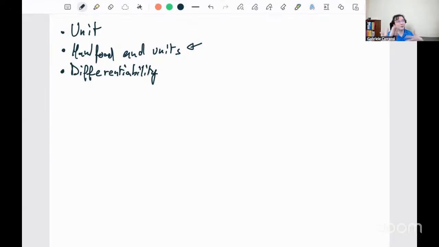But then you also need to understand that when you put units, what is it that you are doing, and so there is a relationship between differentiability and units that needs to be understood. This is one of the problems that you have in differentiable calculus, that it's not done so well.